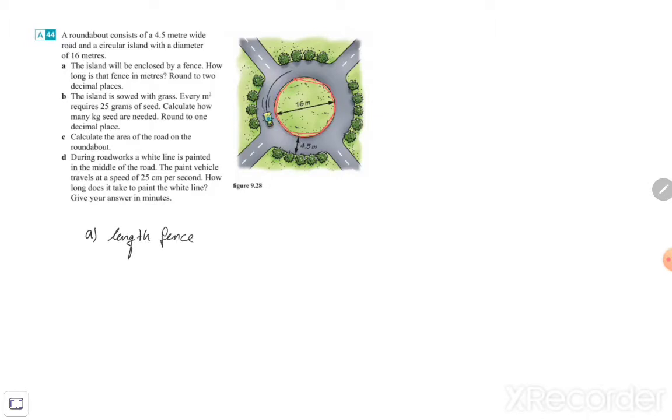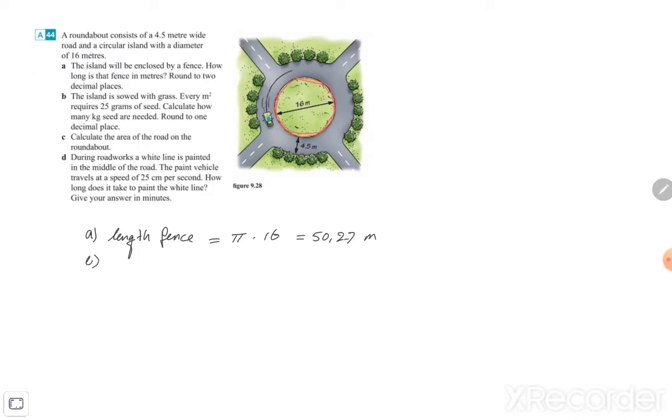Before I start with the calculation, I always say what I'm going to calculate. The length of the fence is pi times 60 meters, so the answer will be in meters. Pi times 60 is approximately 188,50 meters, because we need to round it to 2 decimal places. Alright, so that was exercise A.